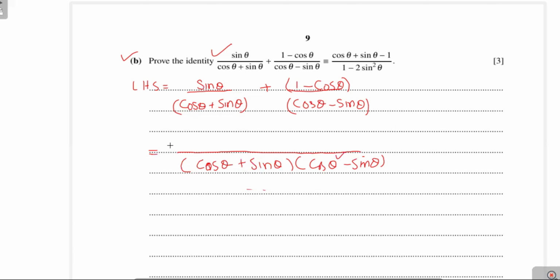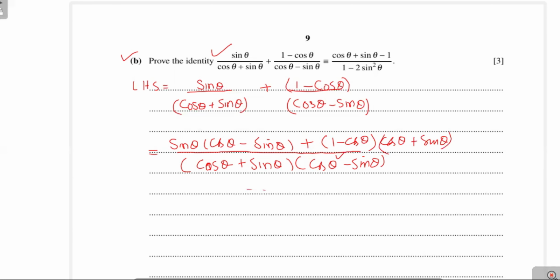We multiply by sin theta, that is sin theta into (cos theta minus sin theta). And the same here: divide this expression by (cos theta minus sin theta), we get (cos theta plus sin theta). Therefore, we write (1 minus cos theta) multiplied by this expression (cos theta plus sin theta).